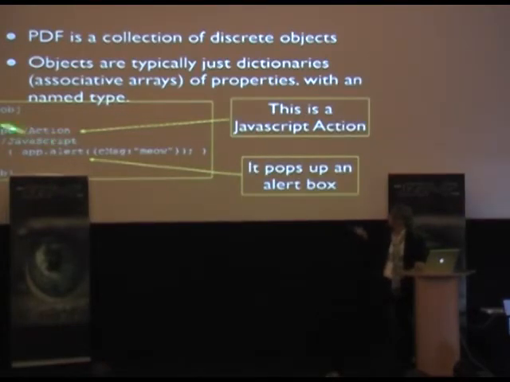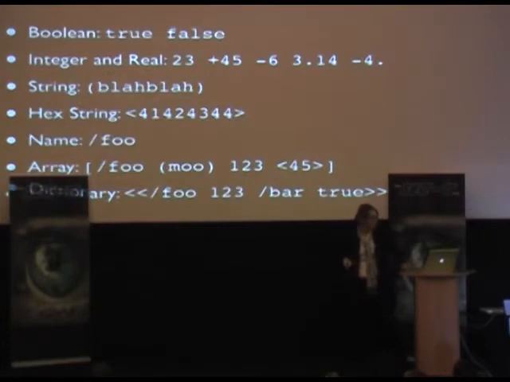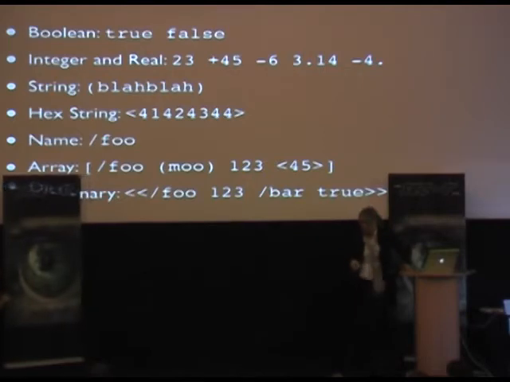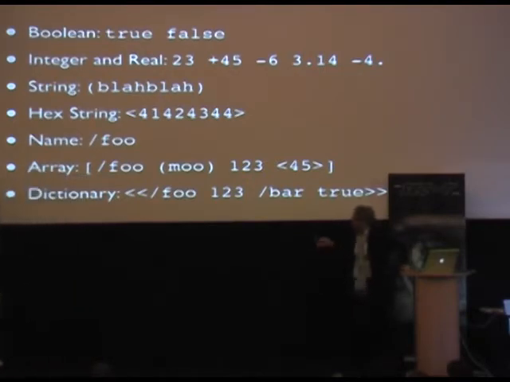You can have an object that's like an action that runs JavaScript, like this, to pop up a message box. Generally, there's a couple of primitive types: booleans, integers, strings, and hex strings. It's all very straightforward. It has arbitrary names; you can essentially rename any data type to something else.